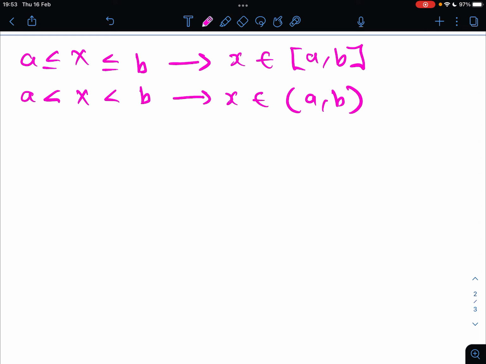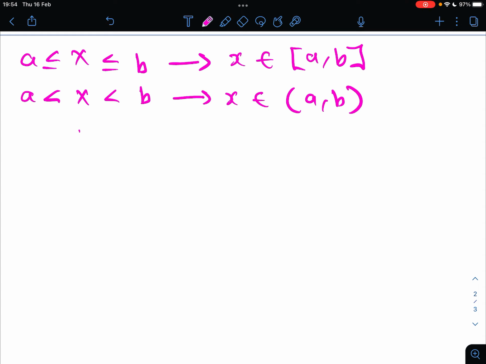You see that? But what you should pay attention to is things like these. Every time you have the less than or equal to sign, it is always replaced using a square bracket. You see that? Whilst if you just have a strictly less than or a strictly greater than symbol, it is always represented using round brackets.